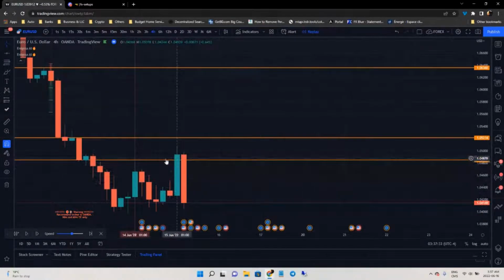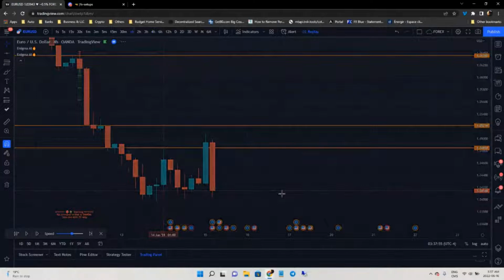You see? I was expecting the price, the market, to go back to that zone and then make a move. And it reacted right to that zone and then pushed down.